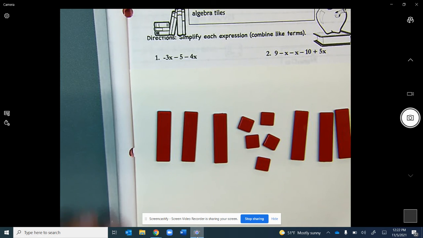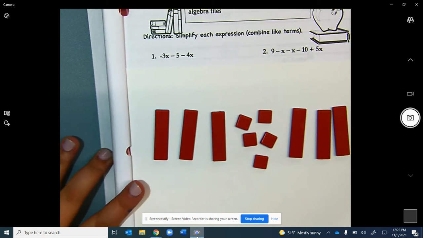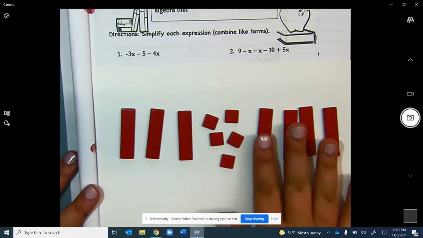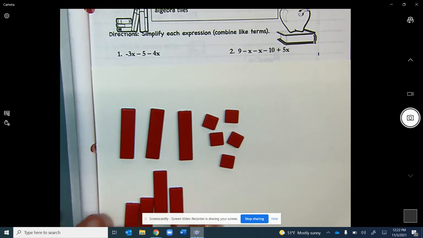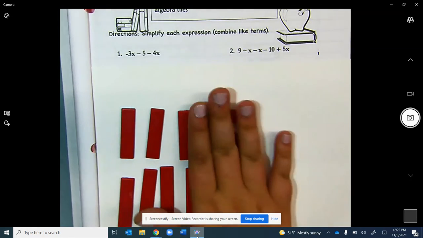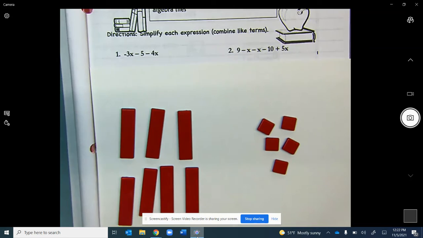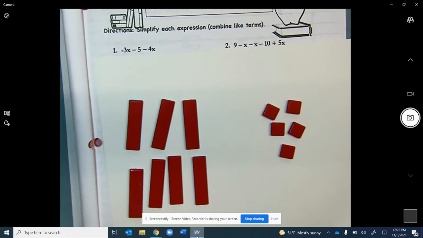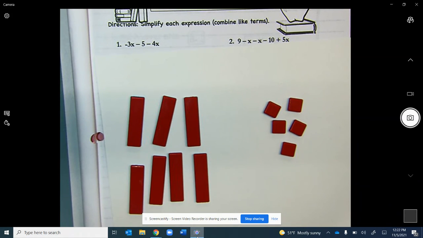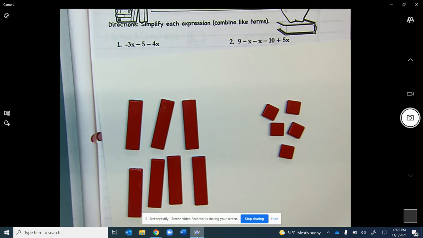Now my first step is just to regroup so that I can tell what I have. So I'm going to put my x's together because they are like terms, and I'm going to keep my 1's together because they are like terms. All right, so now I'm going to look for 0 pairs. Now I don't see any 0 pairs because there are no positives in this problem.